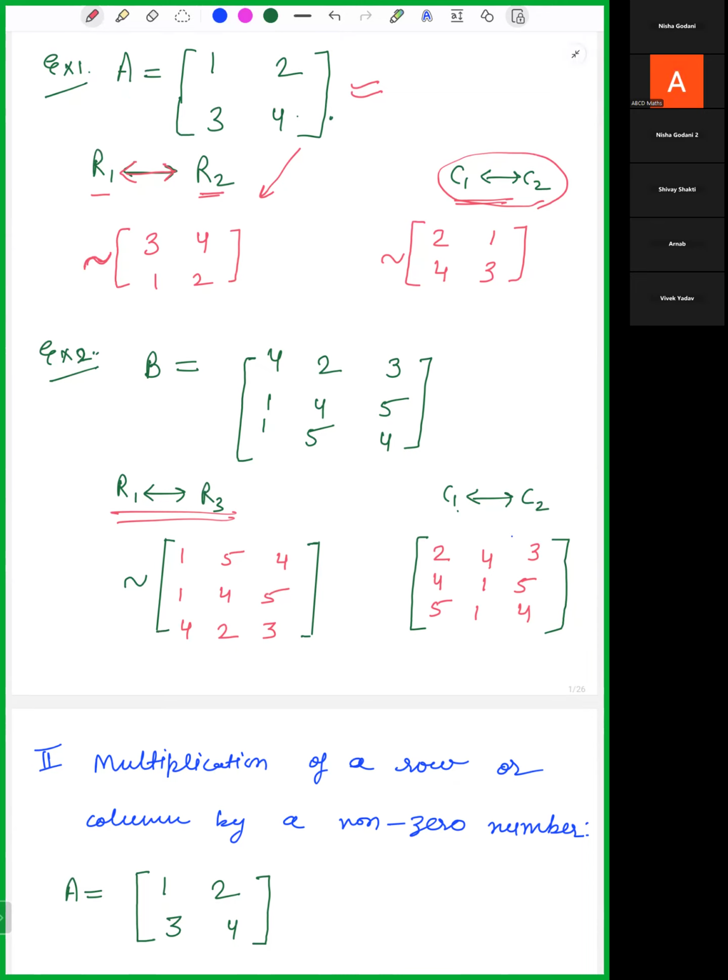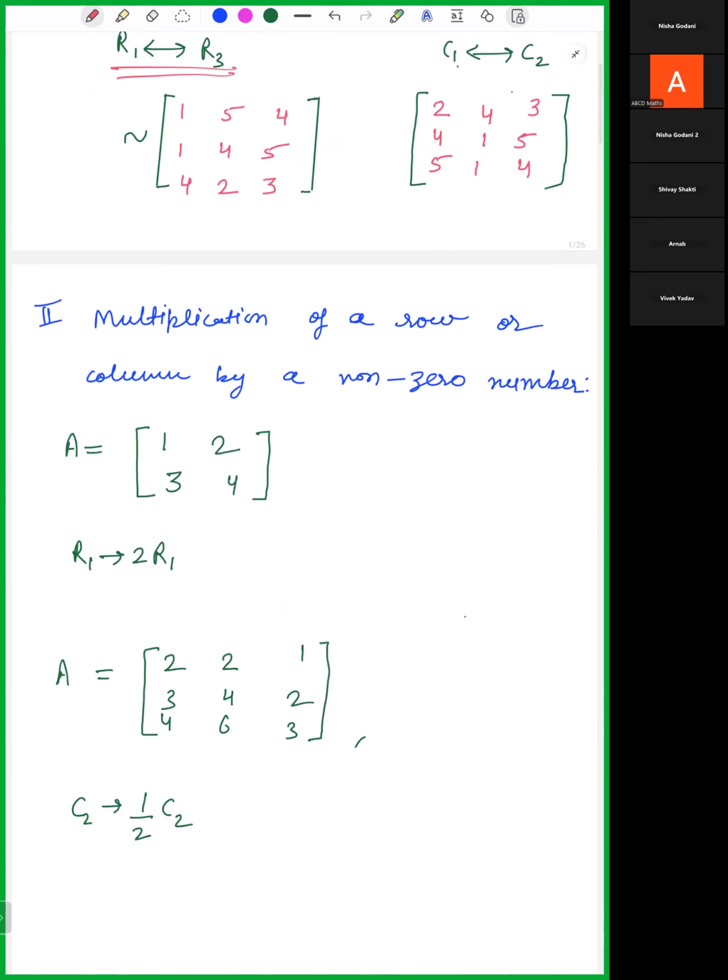Now the second operation is multiplication of a row or column by a non-zero number. But what is the requirement of this operation? You will see later when you find rank. So if you have to multiply a row by a non-zero number, say you want to multiply R1 by 2, what will you write?